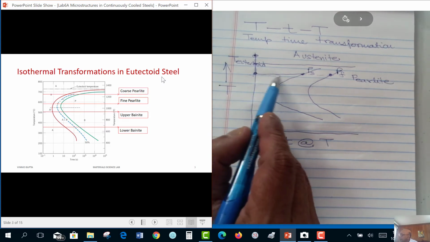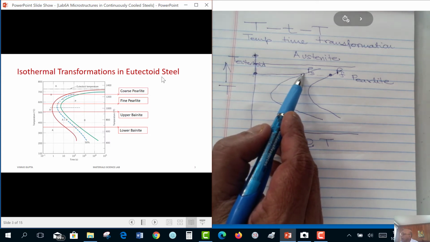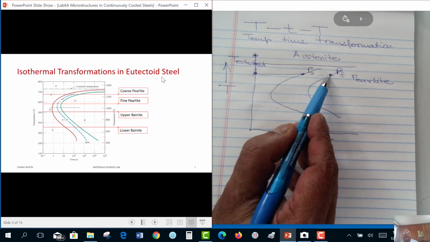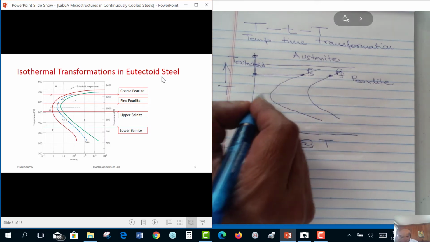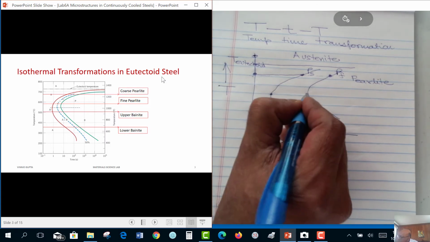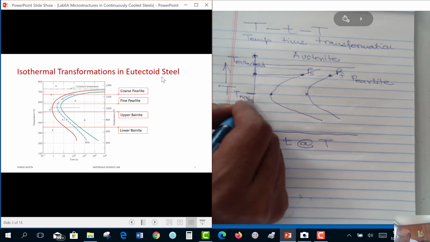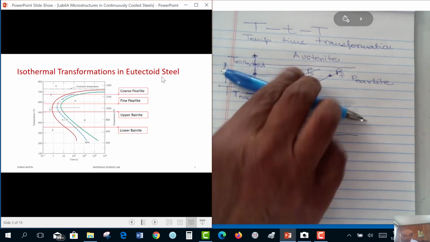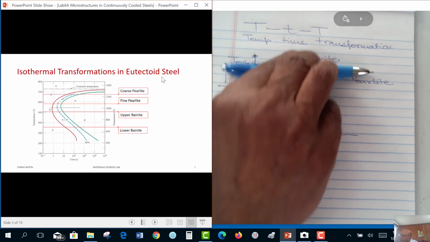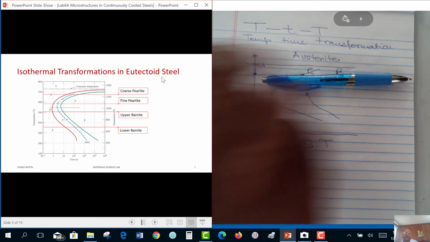So it takes some time for austenite to begin transforming, and then it takes some time for the transformation to be complete, and we have 100% pearlite. This nose, we call it the temperature of the nose. So if we quench it to a temperature in between the eutectoid and this nose temperature, we will form pearlite.